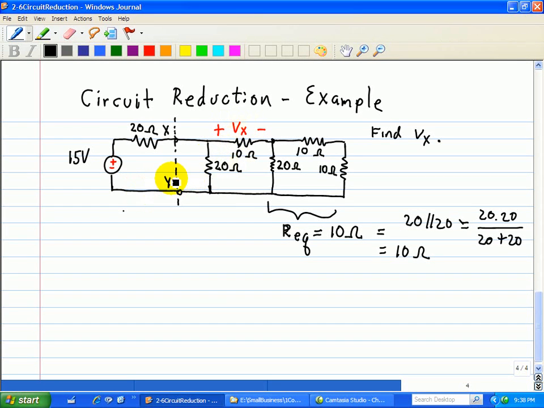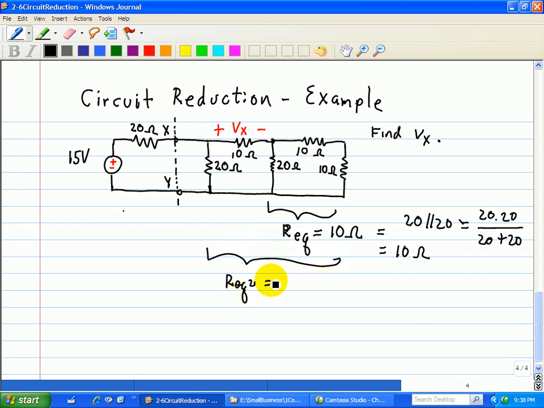So what I like to do is a voltage divider, since our input is a voltage input. So what we have here is this 20 ohm in parallel with this 20 combination. So what we have here now is our REQ2.